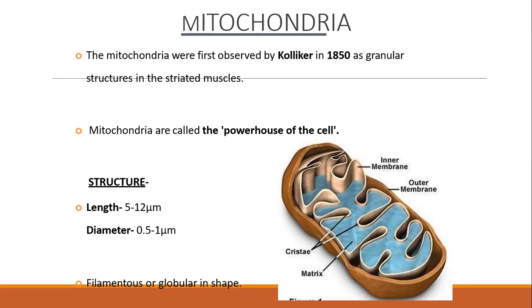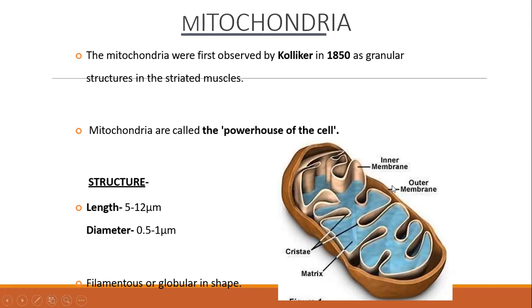It was first observed by Kolliker in 1850 as a granular structure in striated muscle. What are its dimensions? The length is generally 5 to 12 micrometers and the diameter is 0.5 to 1 micrometer. It is globular or filamentous in shape.